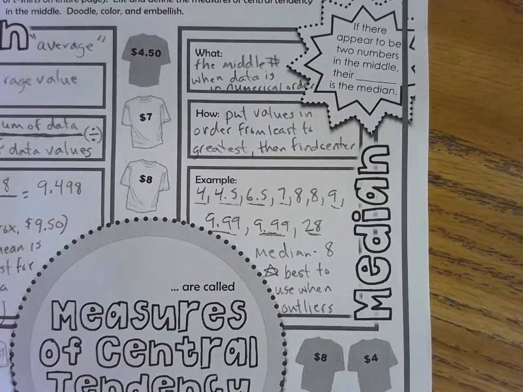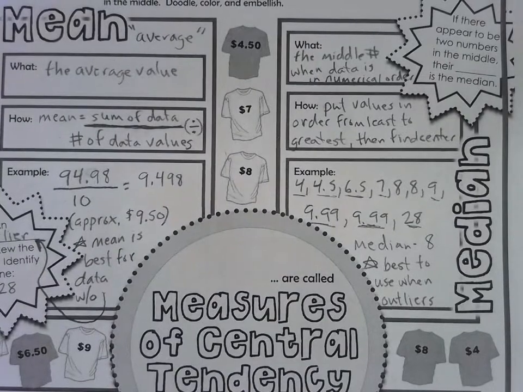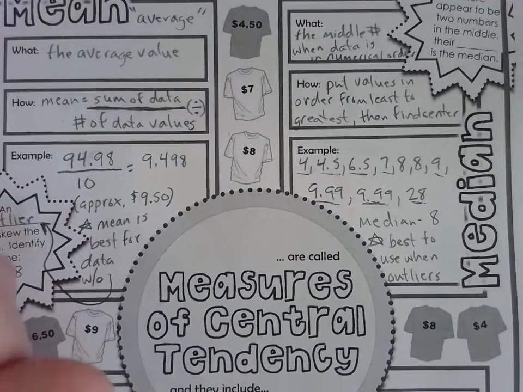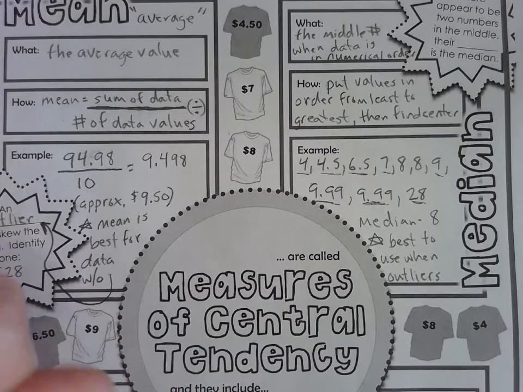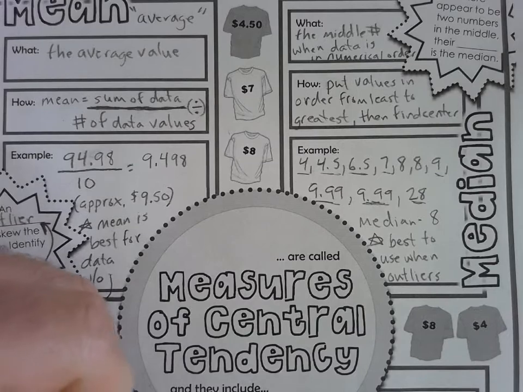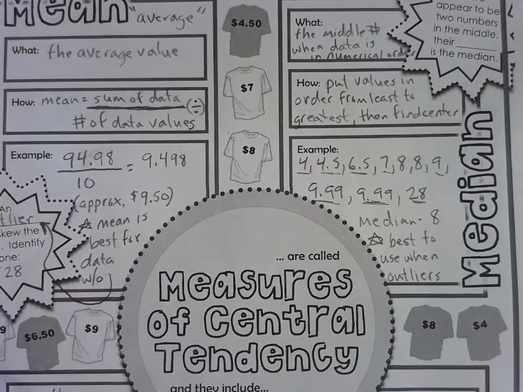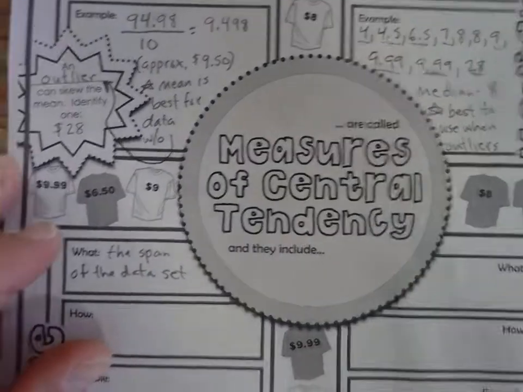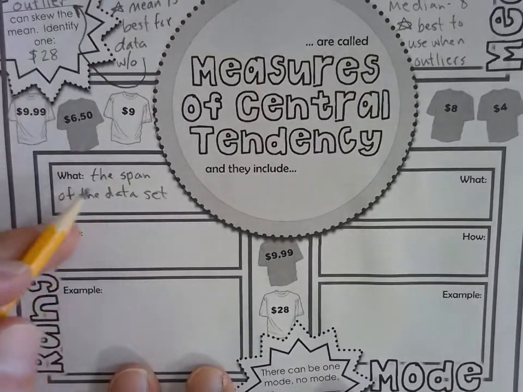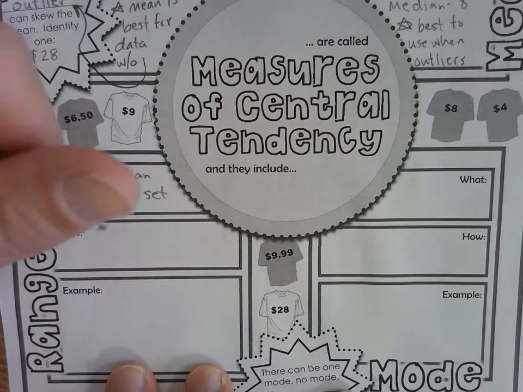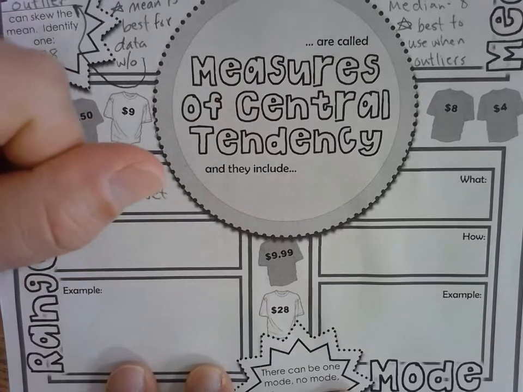Okay. Now the range, we're going to say the range is the span of the data set. Okay? So when you want to find the range, the span of the data set, you're going to subtract.